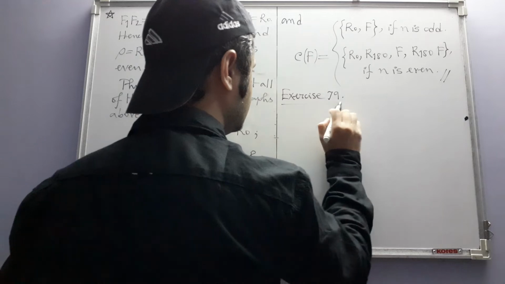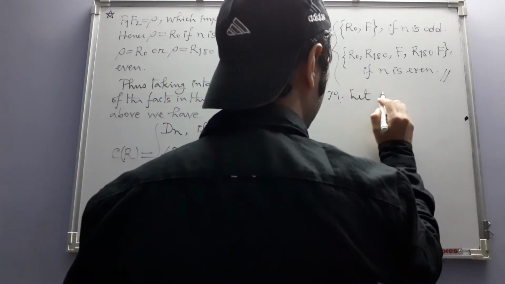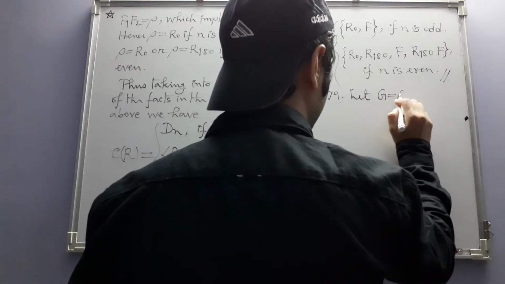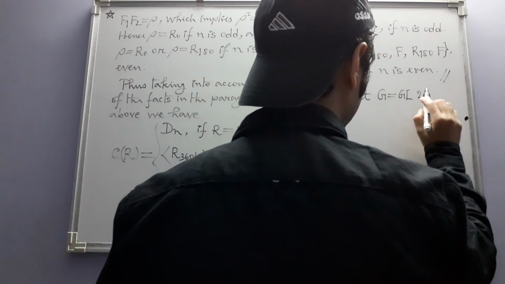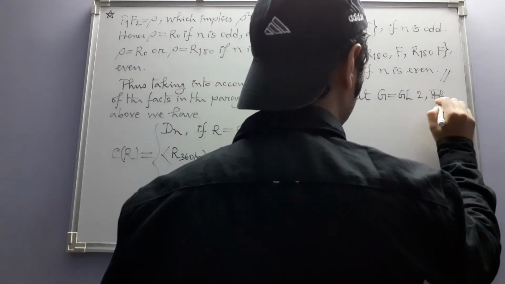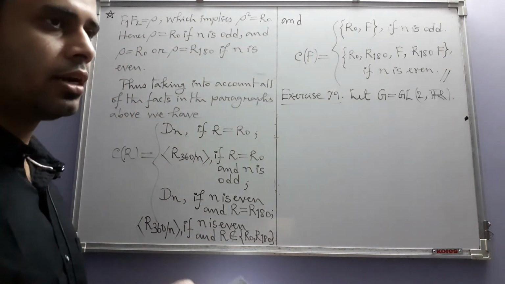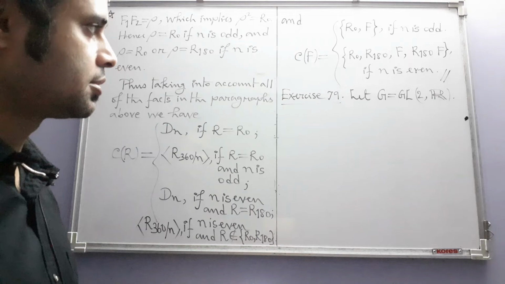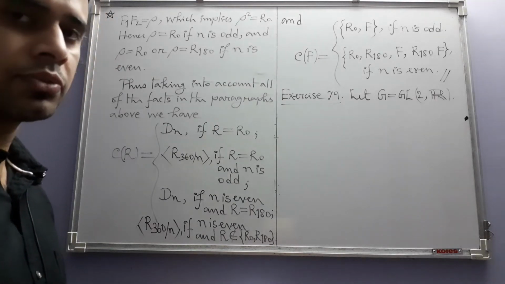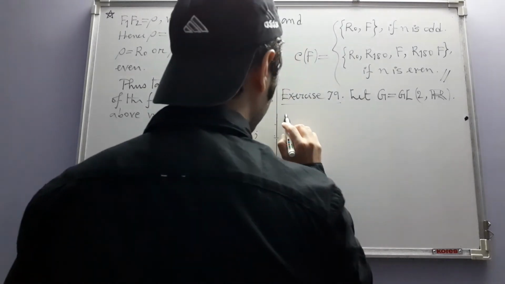Exercise 79. Let G be the general linear group of 2 by 2 real matrices. So we know that the elements here are 2 by 2 real matrices which are non-singular, which have non-zero determinants, and the binary operation of course is matrix multiplication, and there are three parts.